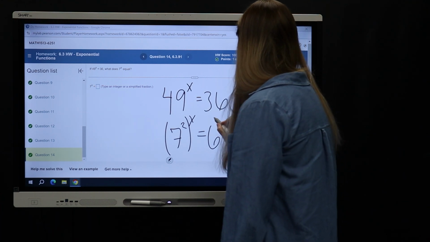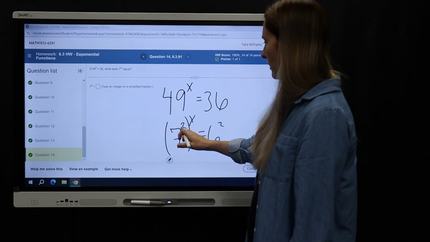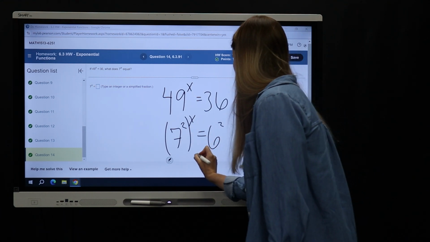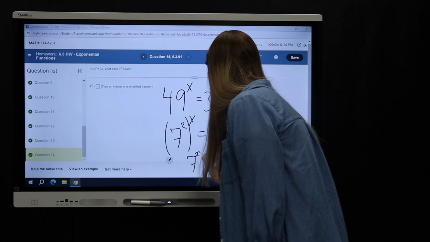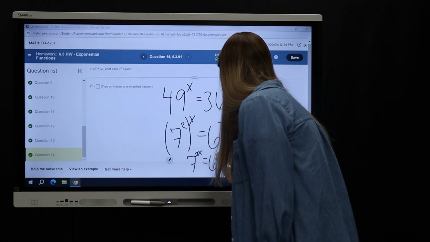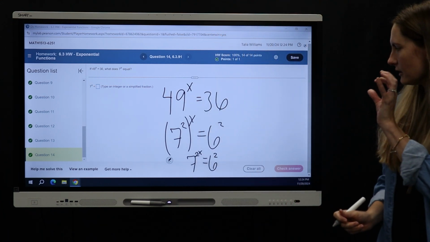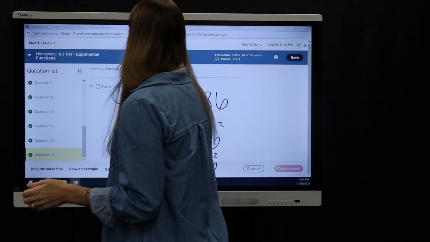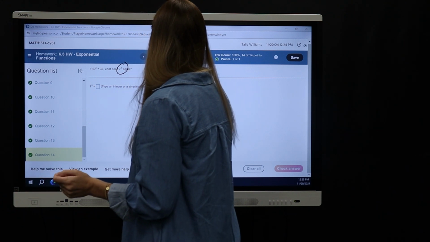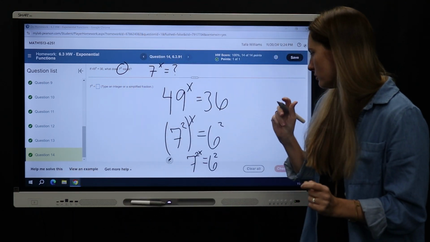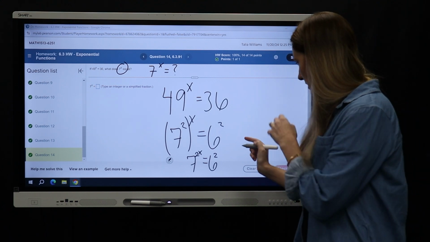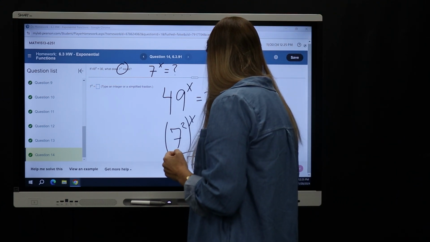Okay. So I'm going to go ahead and simplify this. The exponent rule here is you multiply them. So I'm going to have 7 to the 2x equals 6 squared. I need to get rid of that 2 though, because I just want to know what 7 to the x equals. So to get rid of a square, the opposite of a square is a square root.